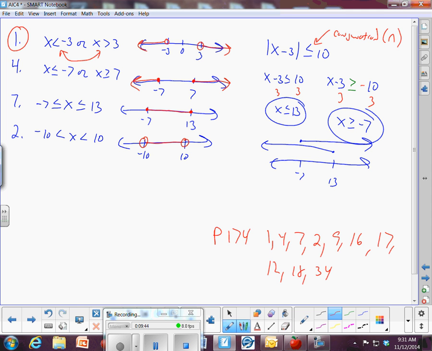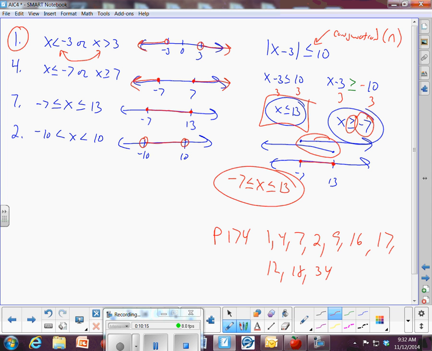Where do you see both? Right here. How do you say that? You write the smallest value first, you flip its symbol, because now the x is coming after it. You write the largest exactly as it is. Negative 7 less than or equal to x less than or equal to 13. Again, that means all these values from negative 7 up to 13. That's the way your conjunctions go on those.